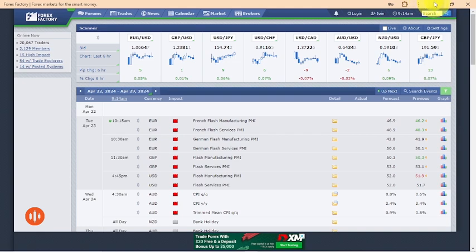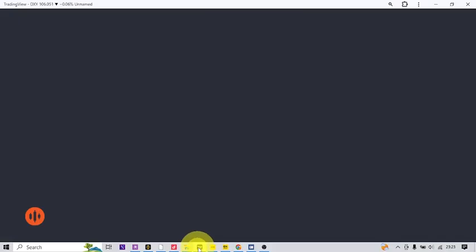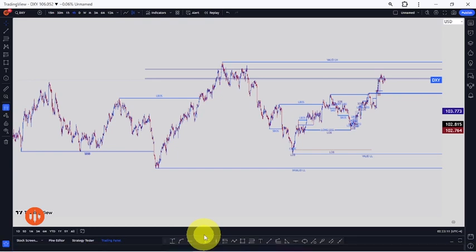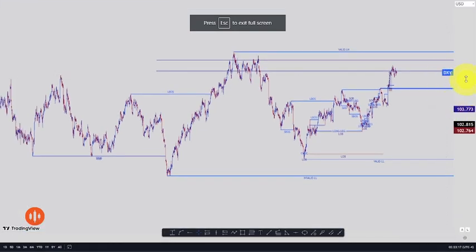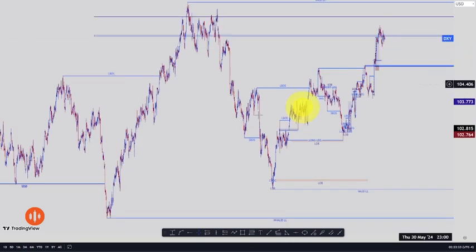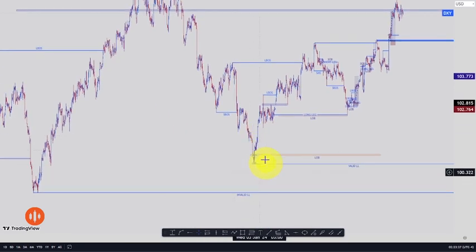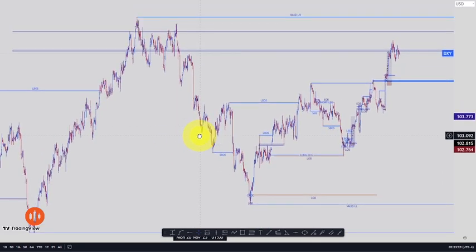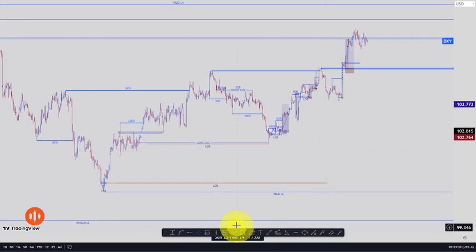I'm going to start with this pair today. I'm going to start with DXY. I always start with DXY. This is the overall structure for DXY in a 4-hour time frame. This is a high, then you have this as our low, and here we are in this movement.